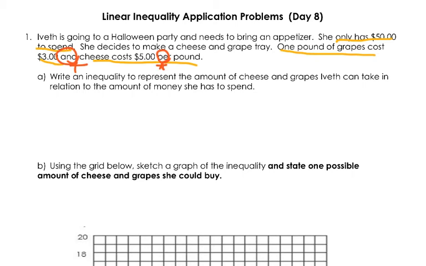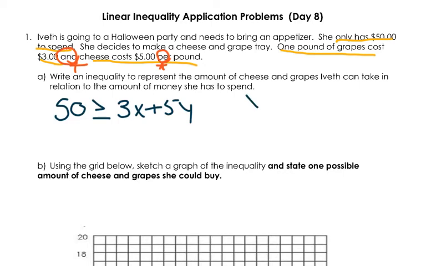So here we're saying that she only has $50 to spend, so whatever she's buying has to cost less than $50 or equal to $50. So say 3x plus 5y.